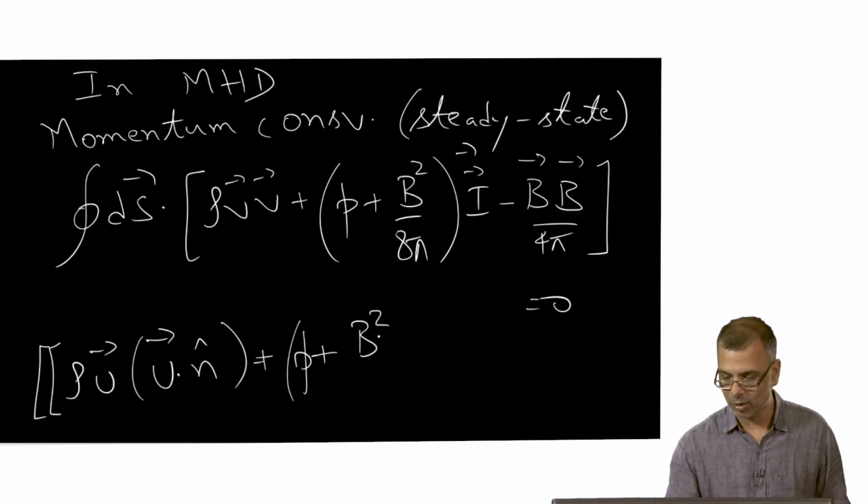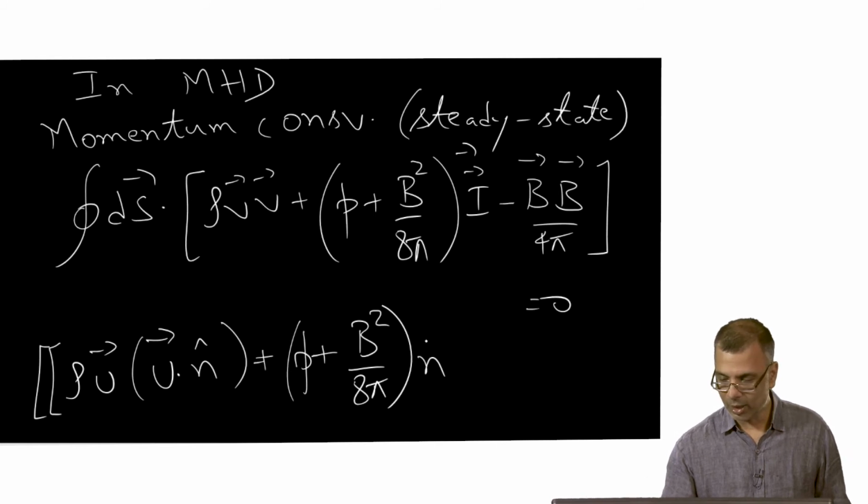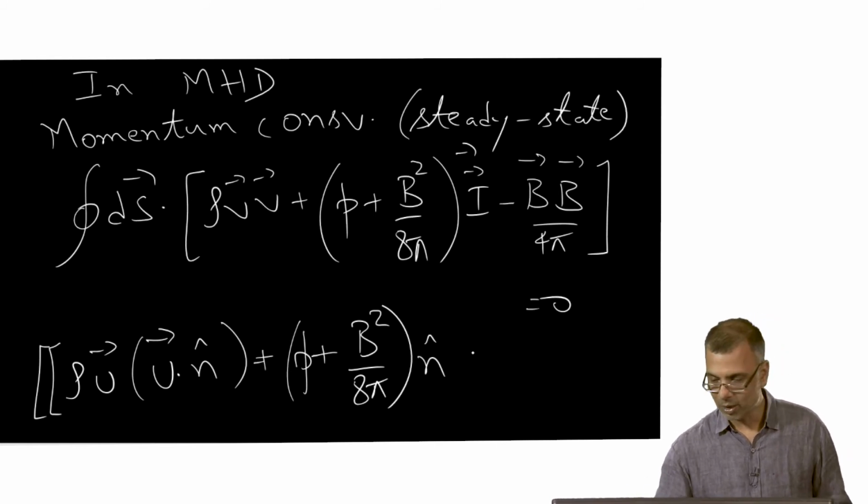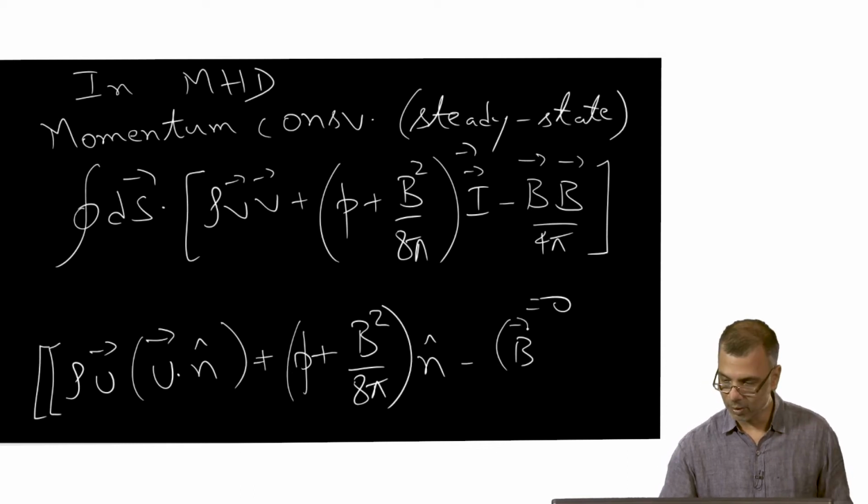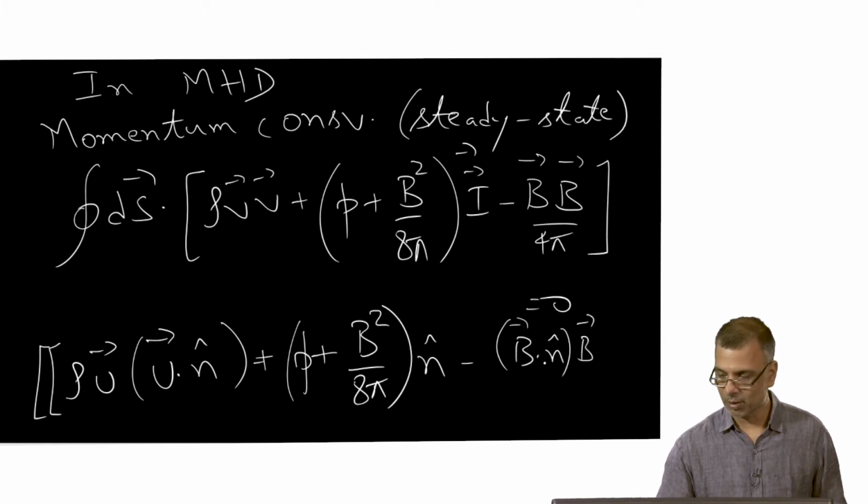B squared over 8 pi in the n hat direction, minus B dot n hat, where n hat is the wave propagation direction, or the shock propagation direction, I must say.